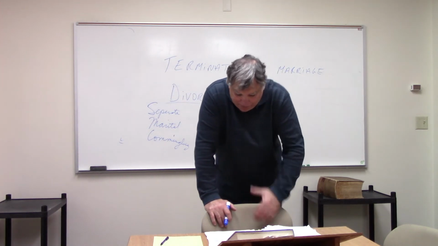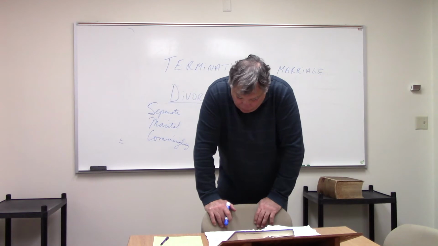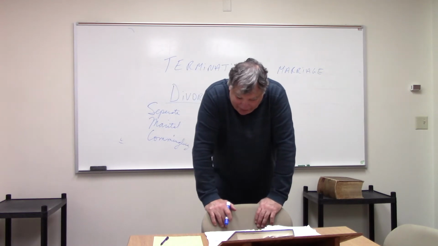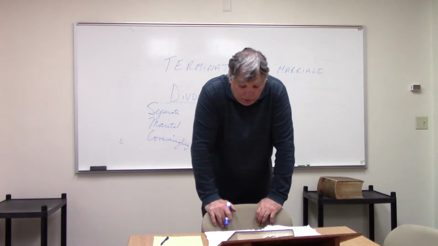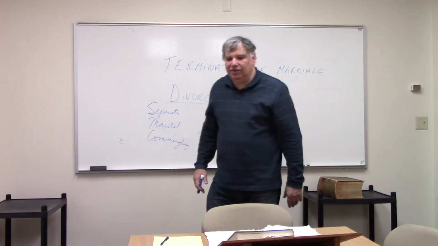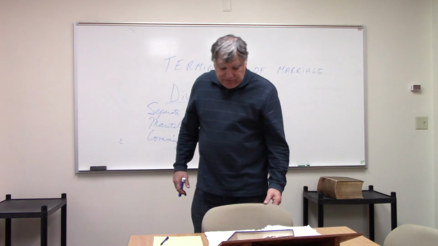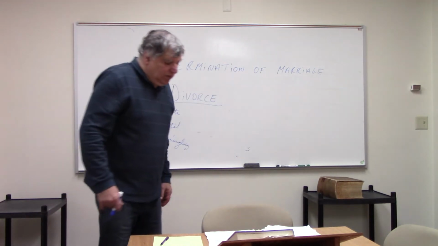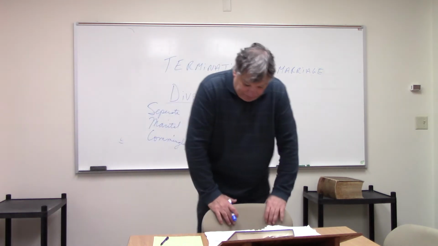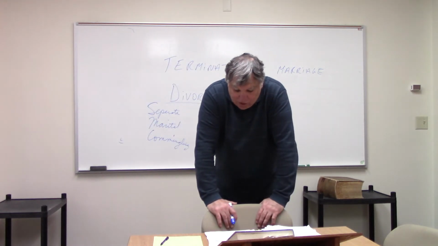So separate property, again, is property owned or acquired by a marital partner before marriage or during marriage by gift or inheritance. So that's separate property. Marital property is property acquired or earned during marriage.